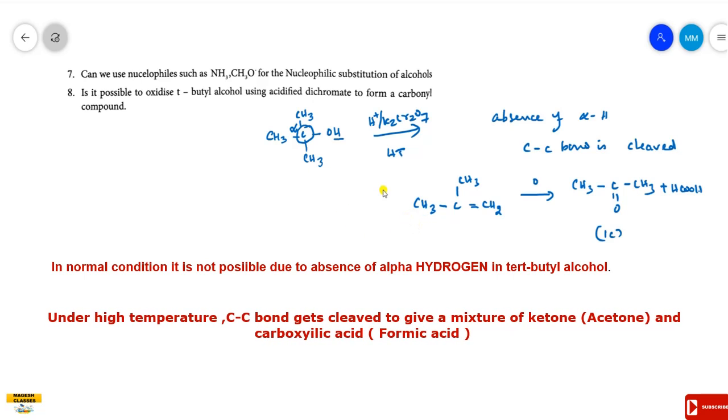Instead of oxidation, this compound undergoes dehydration, that is, the water molecule is removed. In general oxidation, hydrogen is removed, but here under high temperature water is removed and you get an alkene. Then the carbon-carbon bond is cleaved to give the ketone with one carbon less than the parent alcohol, and the byproduct formic acid.